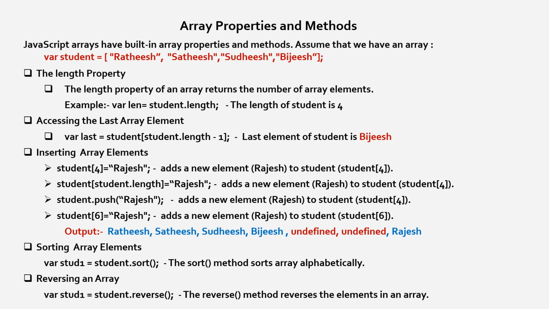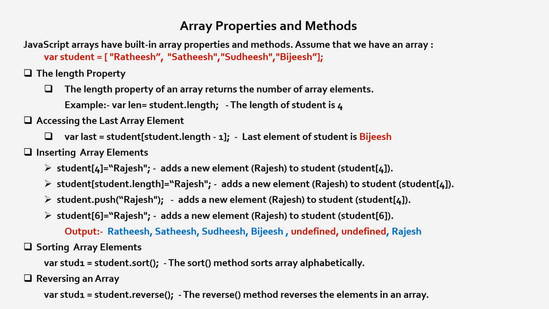So in between, two spaces will have nothing. Technically we can say that holes may form in an array. Here nothing is there.